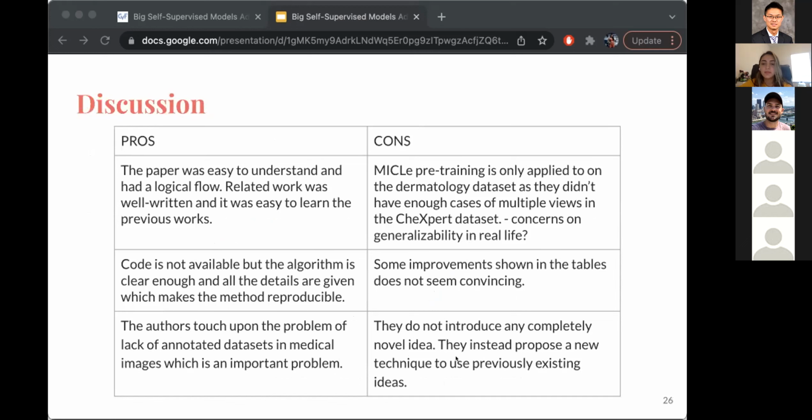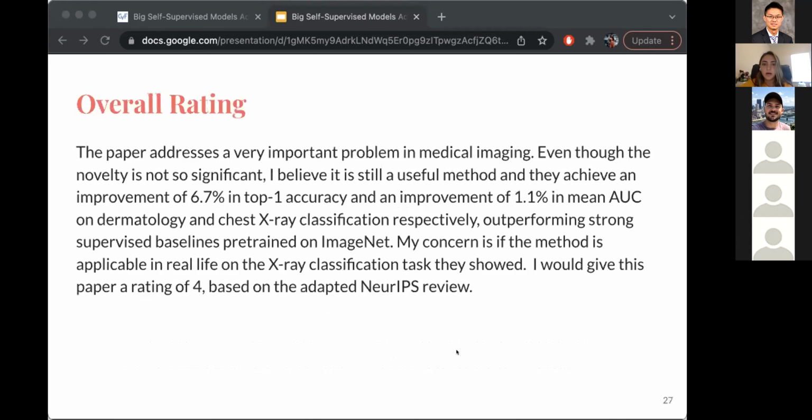The paper is mostly on SimCLR. They're of course introducing multi-instance contrastive learning, but if it is not applicable to a lot of datasets, I'm just not sure how useful that can be.